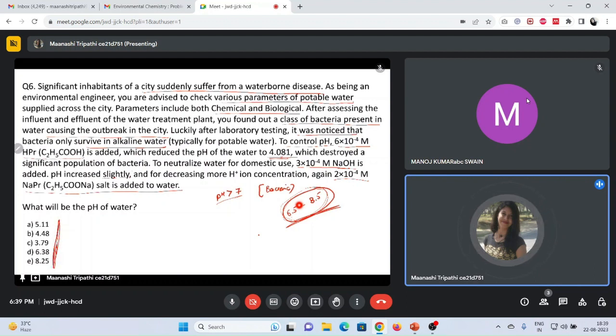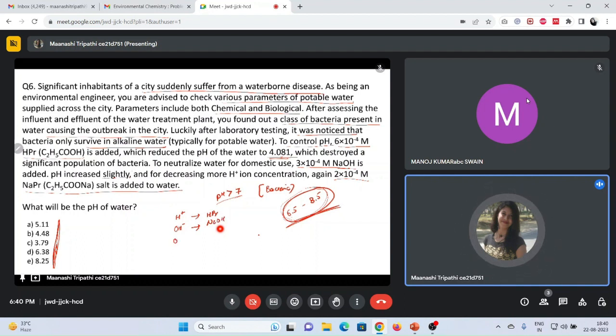These are the various steps they have done. First, they added H plus in the form of HPr. Then they tried to neutralize it by adding OH in the form of NaOH.